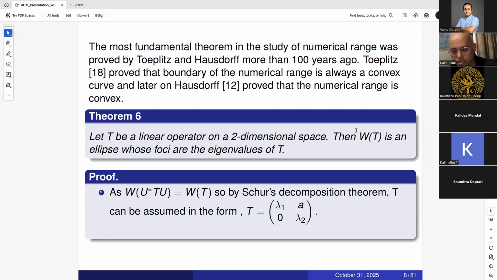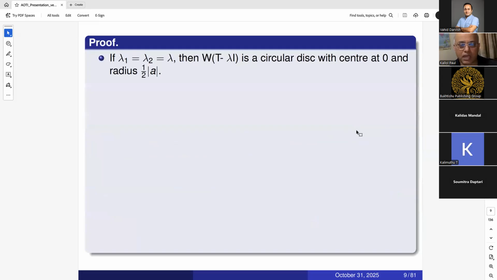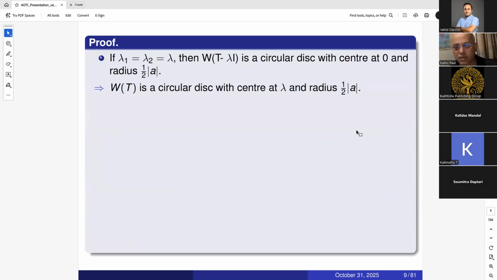Now we will proceed case-wise by looking at these cases. If λ1 equals λ2 equals λ, then we can easily see that W(T − λI) is a circular disk with center at origin and radius half of |a|. So in that case, your numerical range looks like this, when the diagonal elements are the same and you have a non-zero element a at the super diagonal.